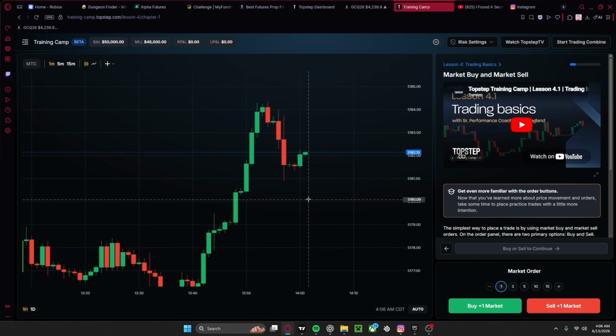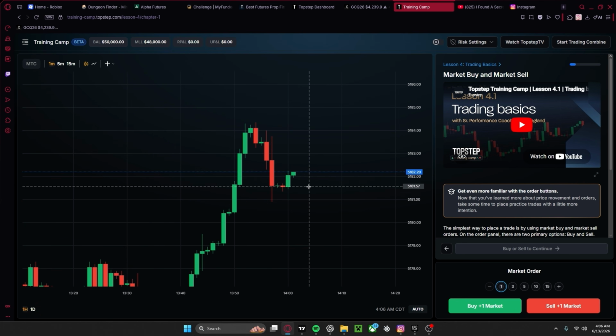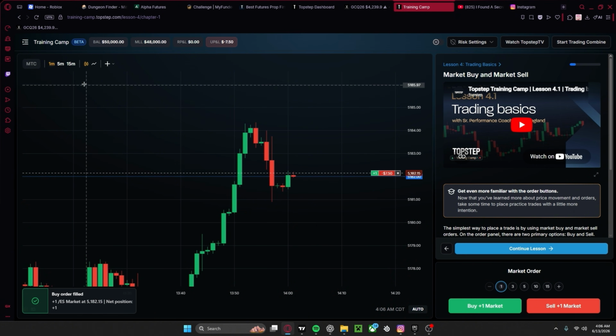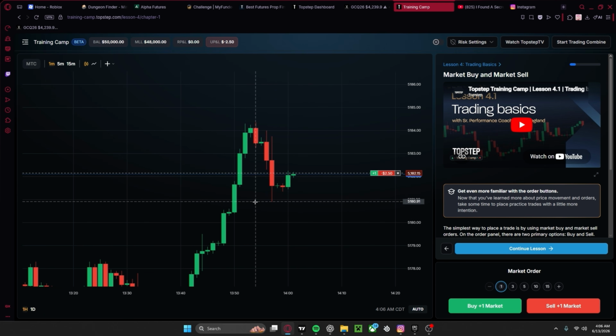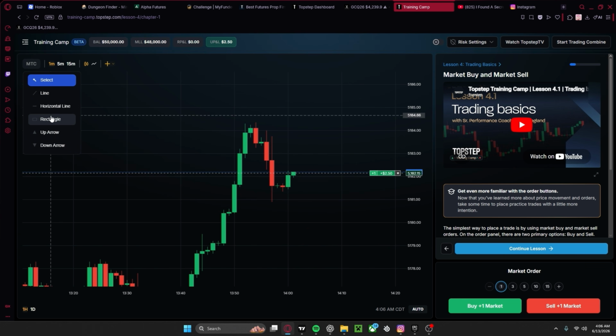Oh my, fair value gaps. Okay, I already know it's going up, but we're gonna buy. I can already see we have a fair value gap right here, and the retouching's going up. All right, let's do this real quick.